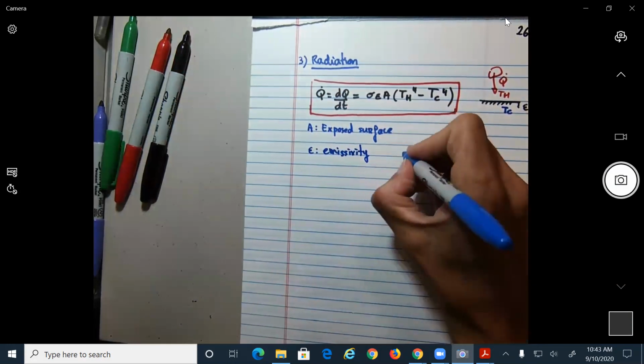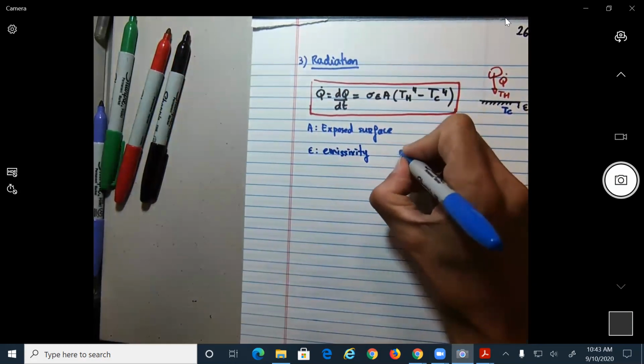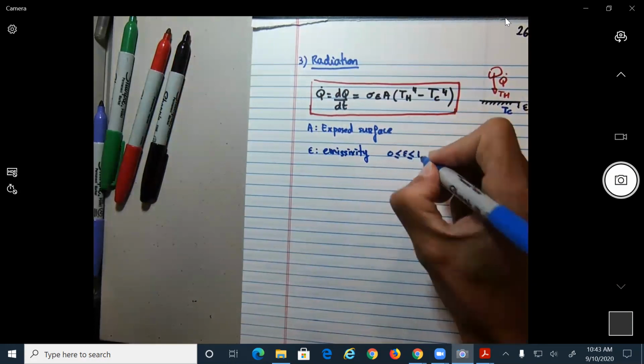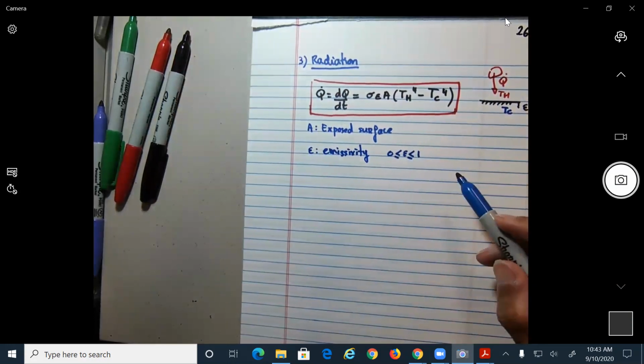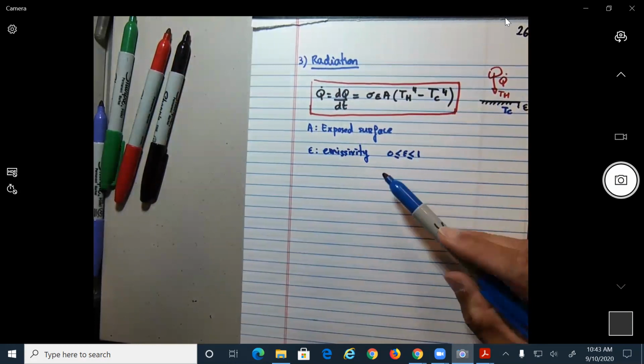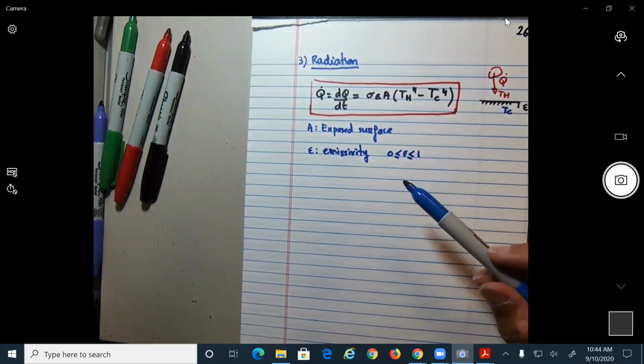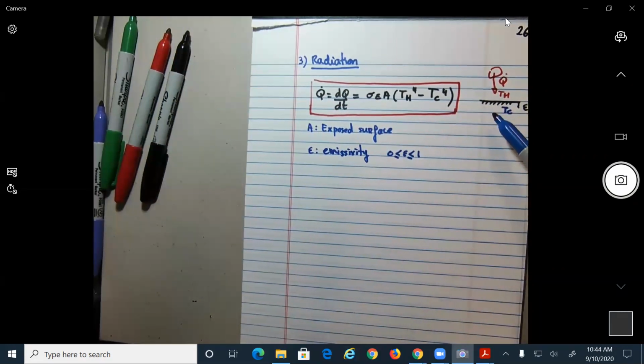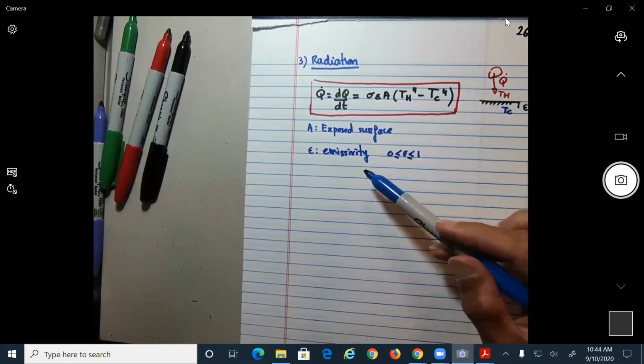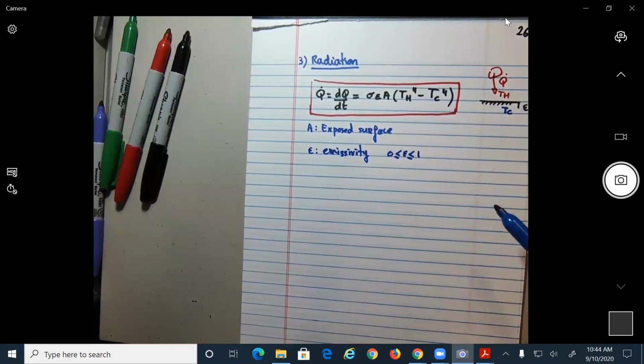The emissivity is always between 0 and 1. Basically, you could call it really the absorptivity, but in books they call it the emissivity. It is how much of the sunlight, or of the heat, is going to be absorbed or reflected, okay?